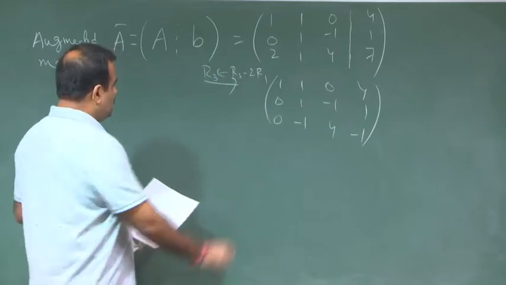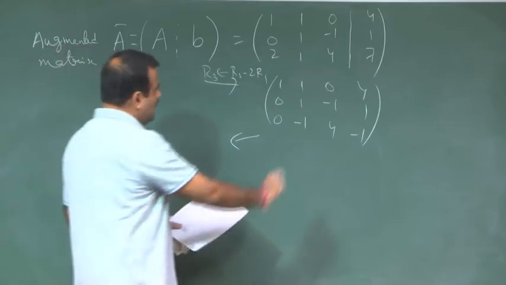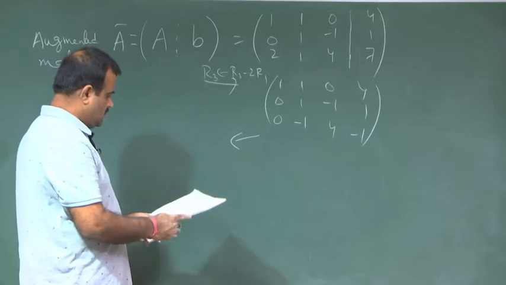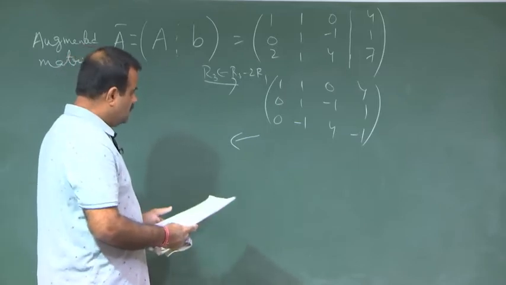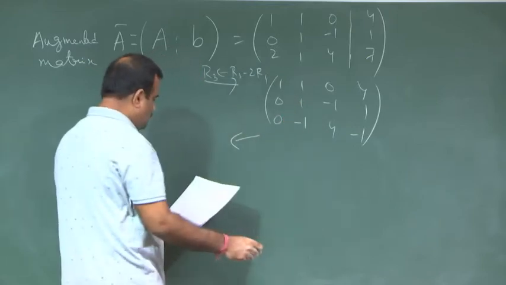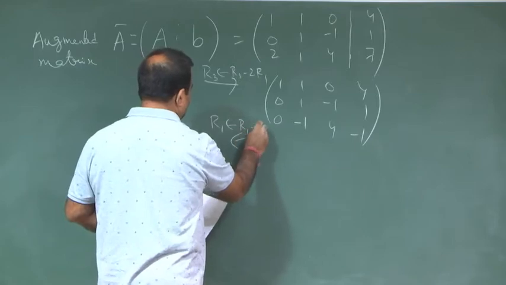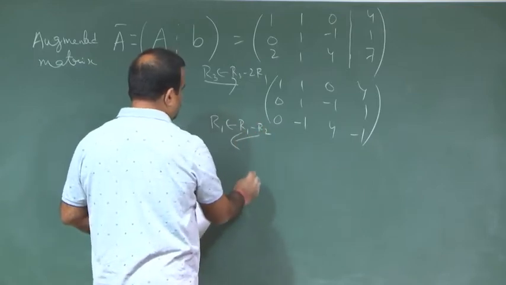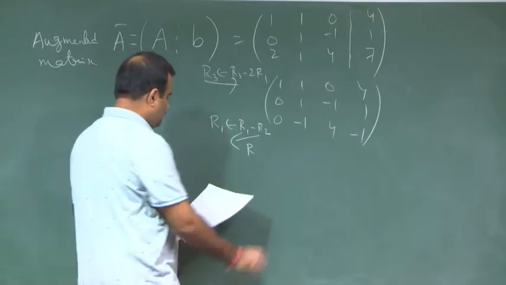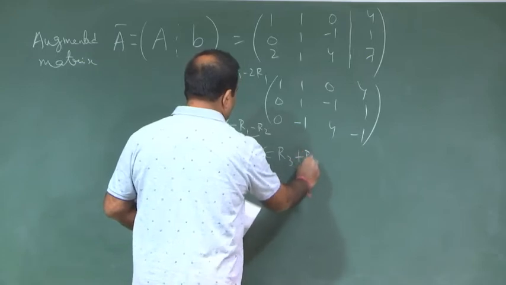So again we do another row operation. Now if we add these two, or if we subtract this, R1 goes to R1 minus R2, and also R3 goes to R3 plus R2.